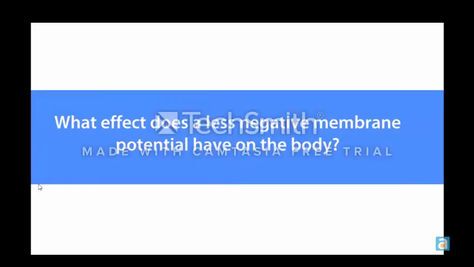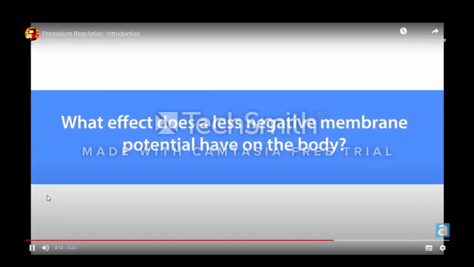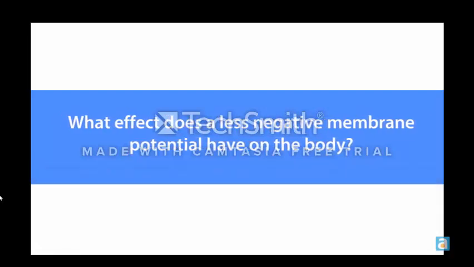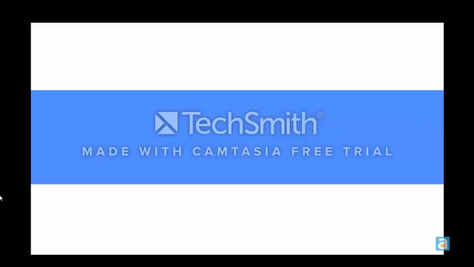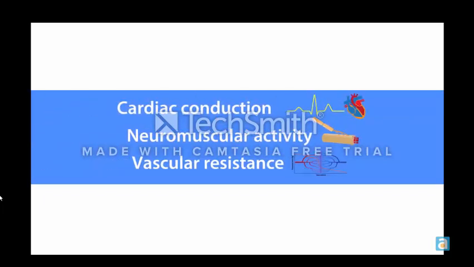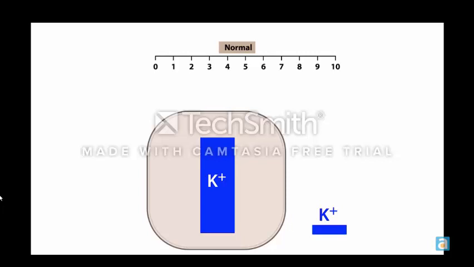So, what effect does a less negative membrane potential have on the body? Well, making the membrane less negative makes cells less excitable, which can have a profound effect on cardiac conduction, neuromuscular activity, and vascular resistance, just to name a few. Therefore, maintaining extracellular potassium within its normal range is critical.